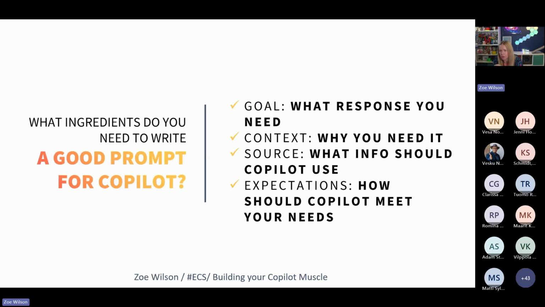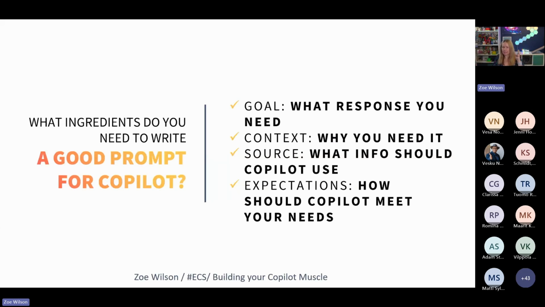So that includes the goal. What response is it that you need? And then the context is why you need it or what you're trying to achieve with this. The source data, what info do you want Copilot to use? Because if you just ask Copilot a generic question, it will basically look across your individual semantic index and it will try to bring back the thing it thinks is relevant.